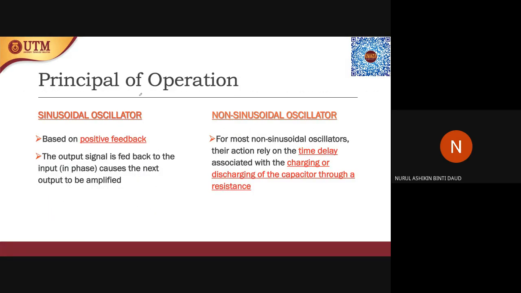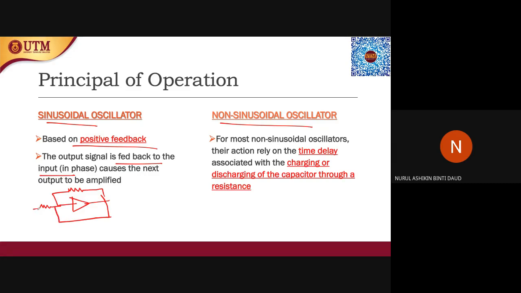So let's look at the difference in the principle of operation between the sinusoidal oscillator and the non-sinusoidal oscillator. For the sinusoidal oscillator, we have positive feedback, and the output signal is fed back to the input. If you still remember, this is the resistor, and this resistor feeds back to this input again.